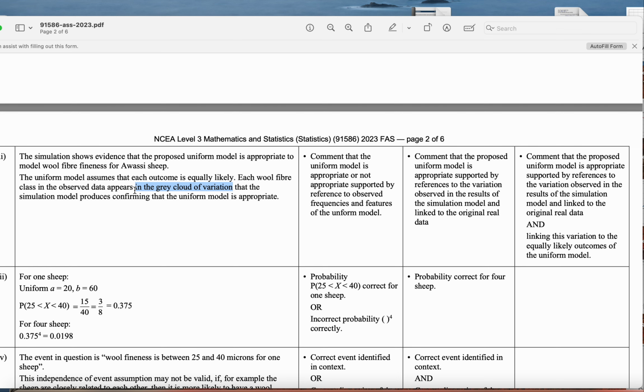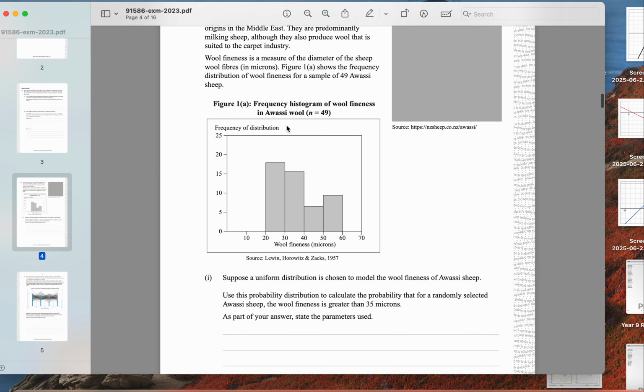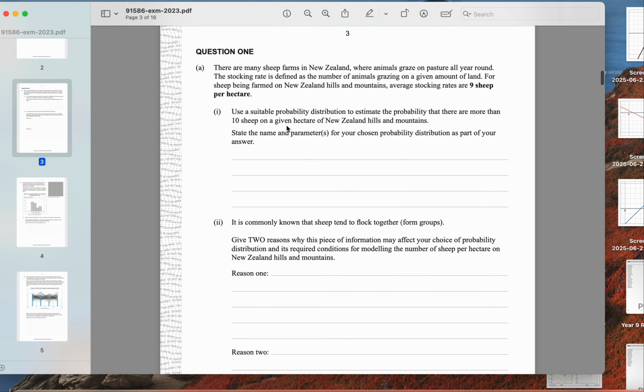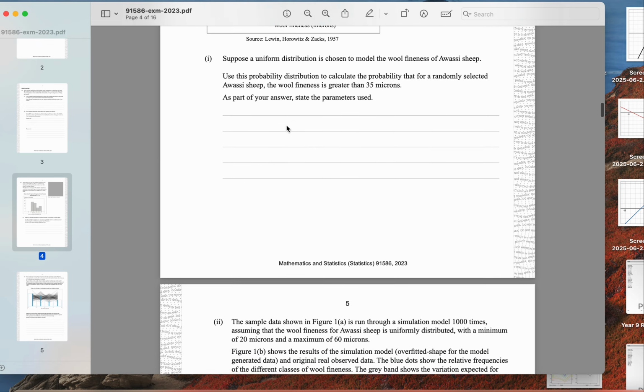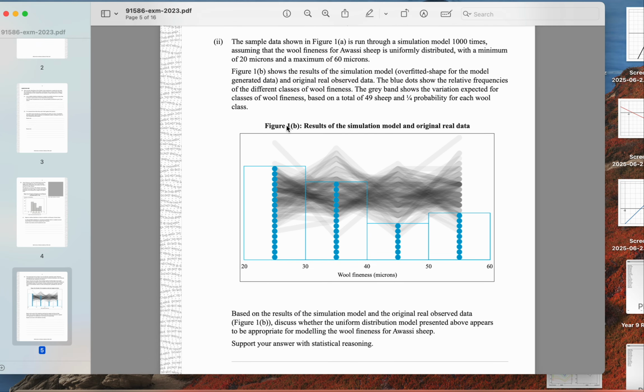This is based on the 2023 paper, and it was part of question 2, I think. No, it's the latter part of question 1. There is a similar question in 2024, so it seems to be a style of question that is coming up now. So hopefully that's some help.